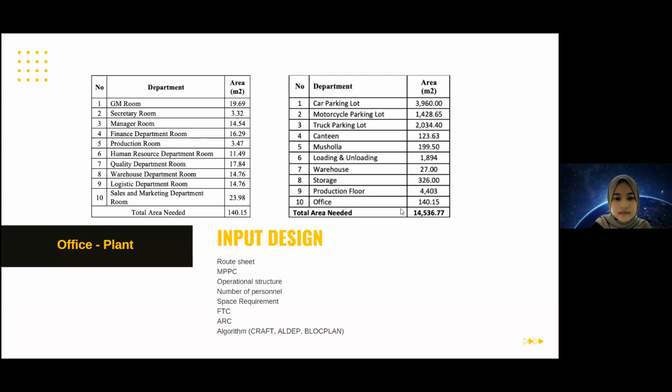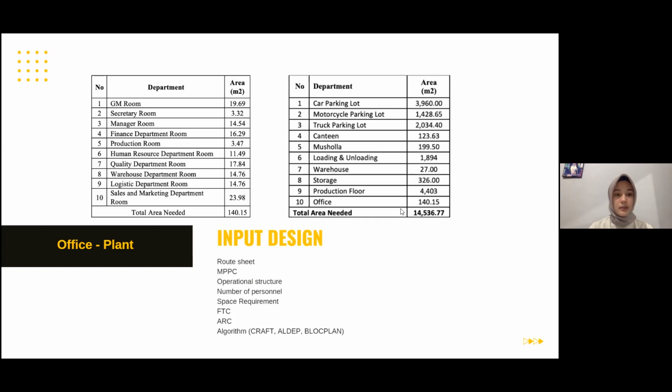So I will explain about the input design. Basically, input design is the information needed to make the layout. In here we have the area, which will be achieved after we finish the space requirement process. The process starts from the worksheet until space requirement.